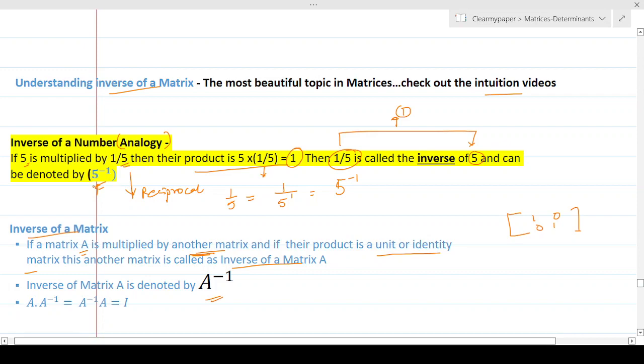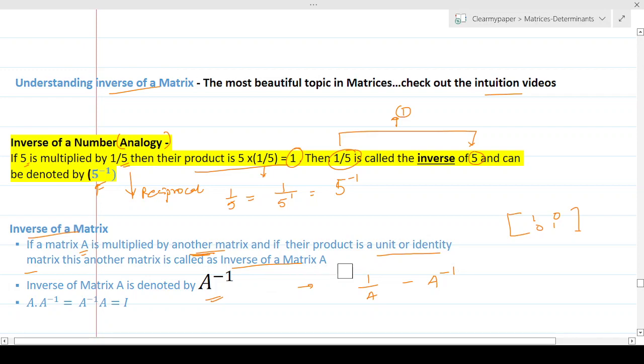Although for numbers it actually makes sense to say 5 to the power of -1, for matrices the inverse is just a notation. It's not actually A to the power of -1, because in the world of matrices 1 by A does not exist. There is no division of matrices. So it's just a notation where we say A inverse.